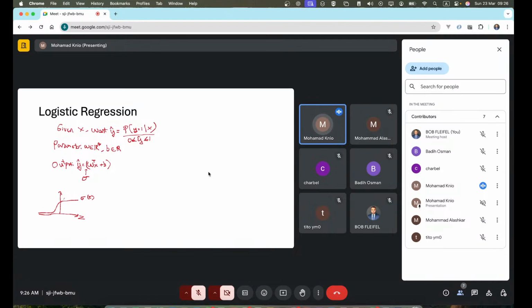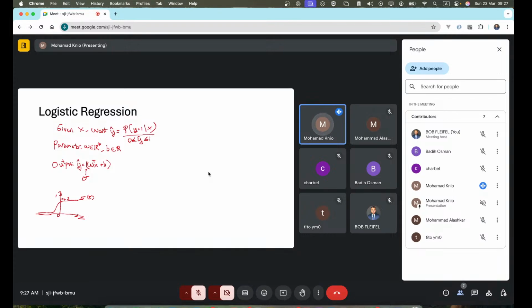Here it would usually be 0.5, and here it goes closer to 1. And here you can see it's going closer to 0. So it goes smoothly from 0 to 1, and in the middle of the vertical axis it is 0.5. This is what the sigmoid of z looks like.